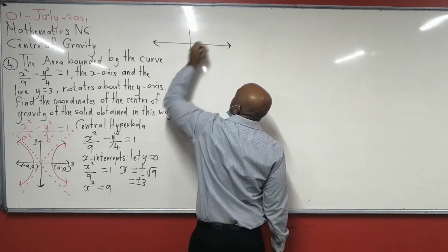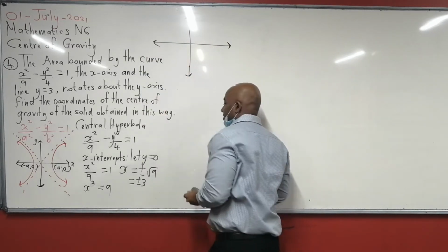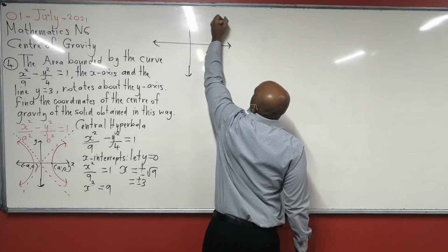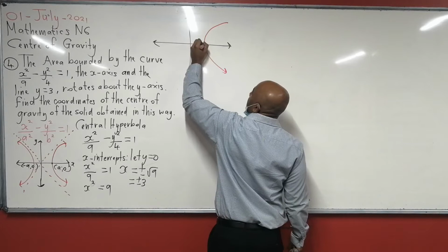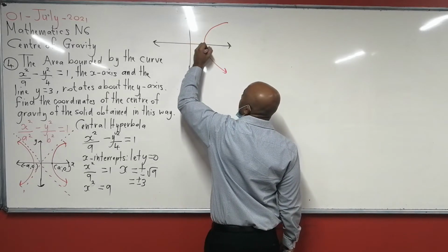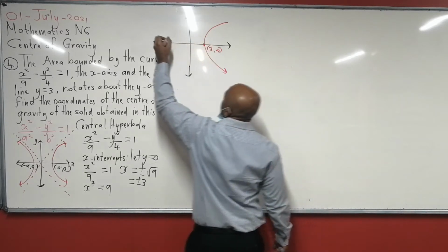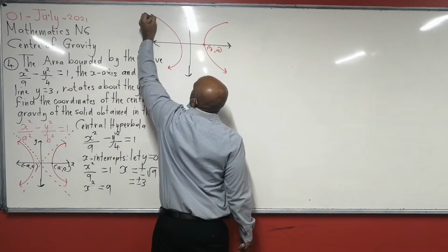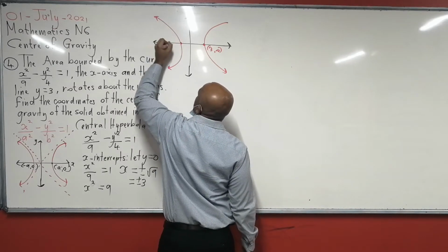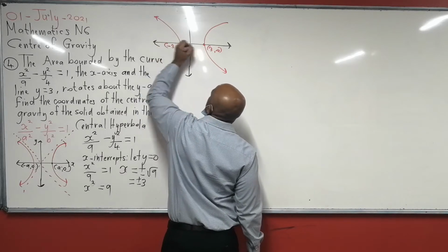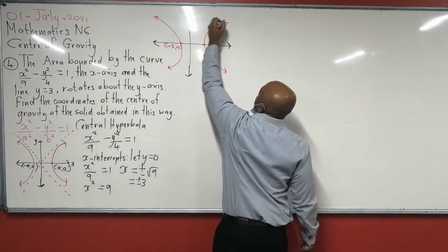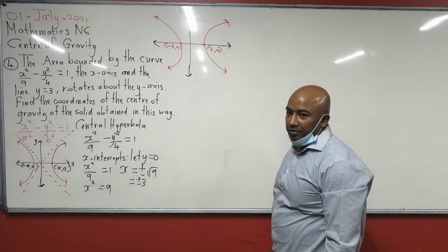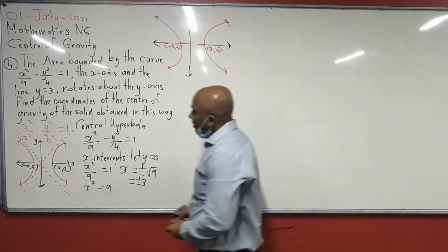So let's sketch this graph. We've got our central hyperbola. On this side it's cutting the point 3, 0, and on the other side, that will be minus 3, 0. Now, what else do we need to sketch?